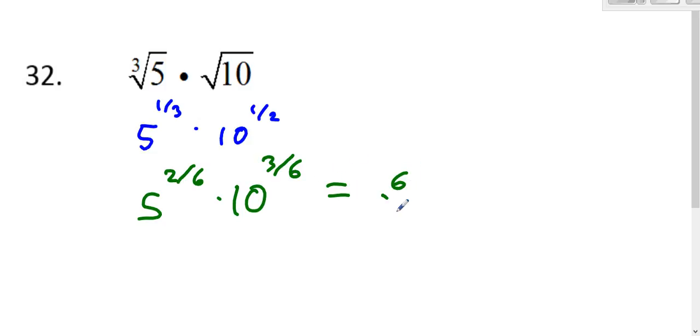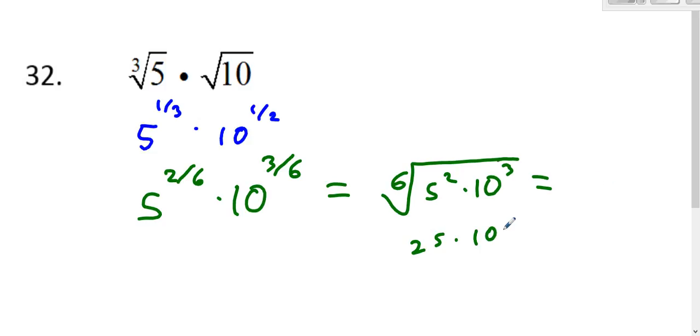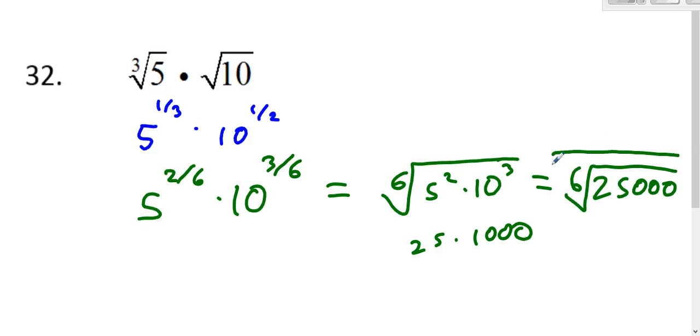So now the denominators are the same. That is your index. That'd be a 5 to the 2nd power, 10 to the 3rd power. Multiply that out. So that's 25, 10 to the 3rd power. It's 1,000. So 25 times 1,000 is 25,000. And it's the 6th root.